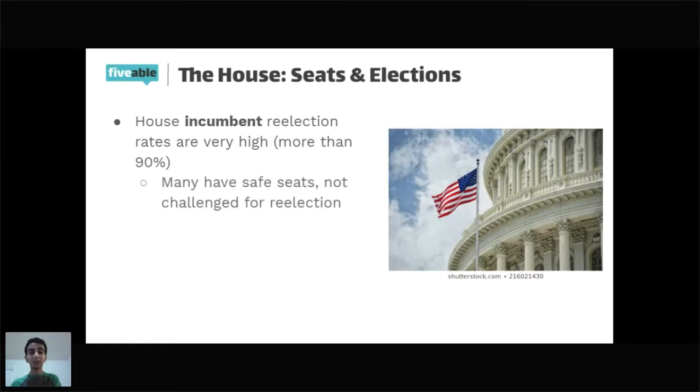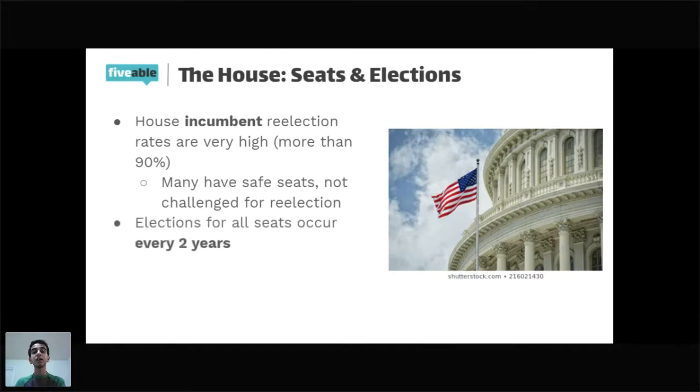A lot of times people have safe seats, especially in California, the Democrats, and Texas, the Republicans. A lot of times these people have been serving 20, 25 years in the House of Representatives because their seat is protected, because it's always going to go Democrat or always going to go Republican.